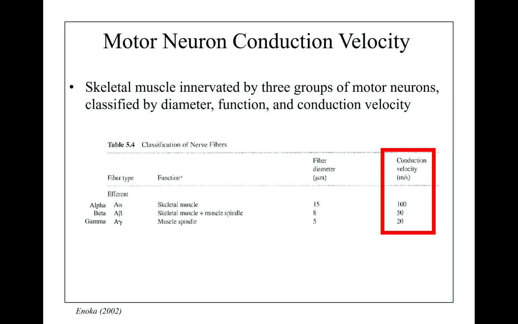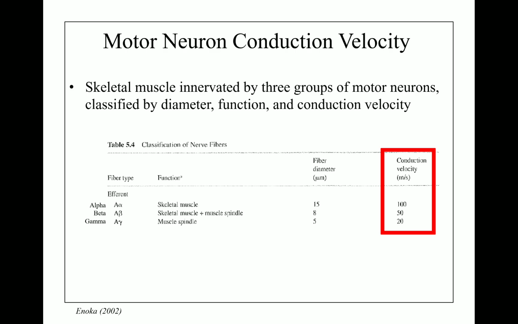If you look at this chart, this is from a classic textbook, the Roger Enoka motor control textbook. Not that you need to know it. But it looks at the different types of motor neurons: alpha, beta, and gamma, what they innervate, the diameter, and conduction velocity, how fast the signal travels.